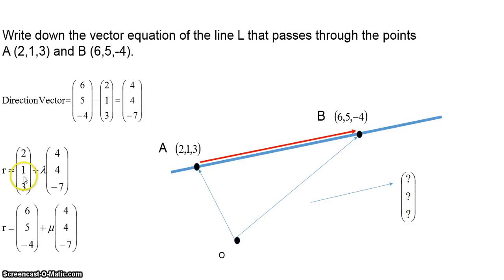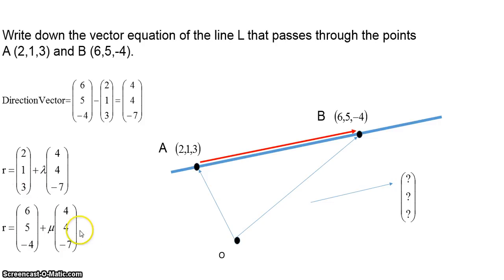You can see that it's always this form, r equals something plus lambda times the direction. So what is this point? This point can be any point on the line. In this case, we have actually two choices. You can use A, (2, 1, 3) over here, or we can use B, (6, 5, -4) over here. Doesn't matter which one you use, but you must notice that I use different letters to represent these two lines, because these are different.